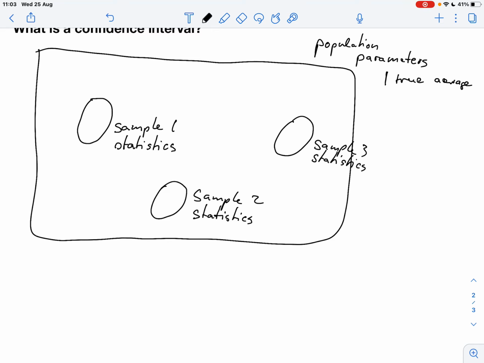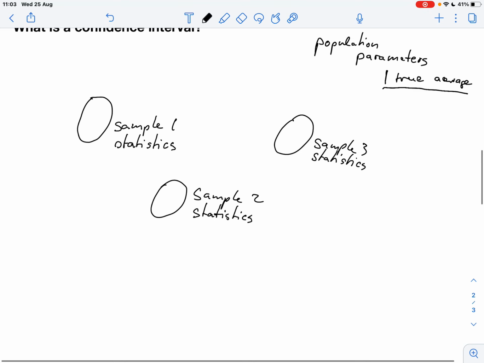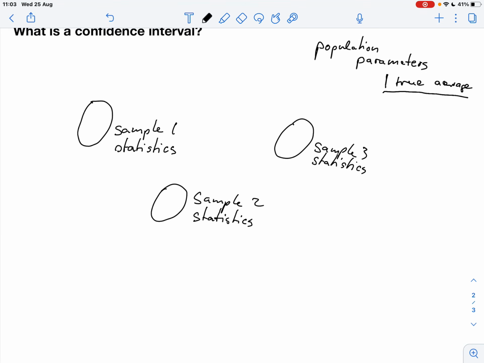Now, when I take one of these samples, the big problem really is that I usually don't know what my population is. So I don't know, for example, the true average. I have no idea what this true average is, but what I'm trying to do is, from the statistics of the sample, which might include the average, I try to make an inference about what the average of the population might be.